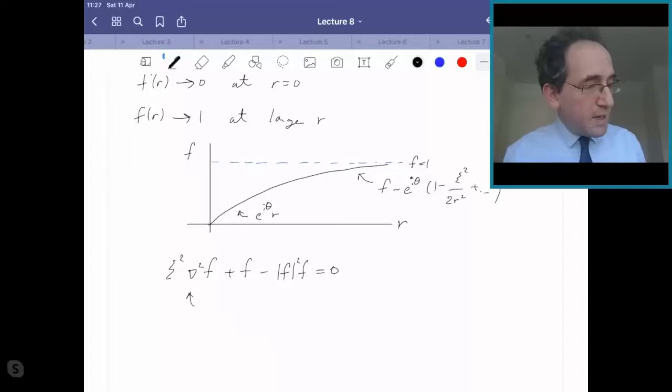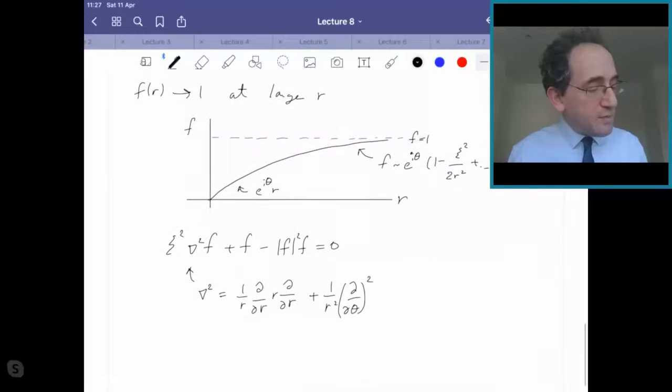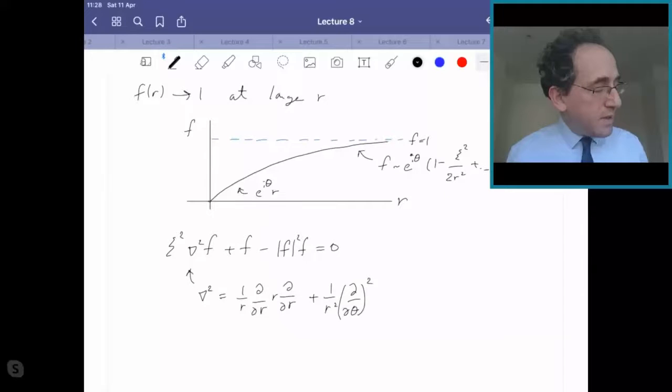Plugging in the radial form of the Laplacian, so del squared is going to be 1 over r d by dr, r d by dr, plus 1 over r squared d by d theta squared. And then just plugging in the form of f equals e to the i theta absolute f, and trying to figure out what the form of absolute f is.